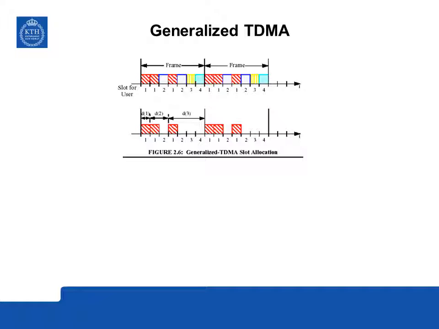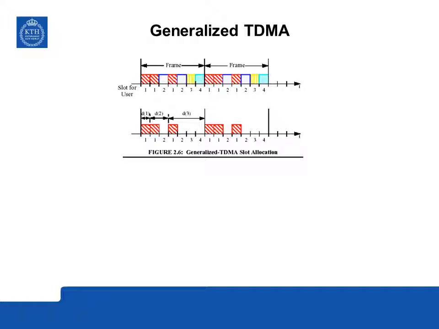And as you remember from the Pollaczek-Khinchin mean value formula, that depends on the expectation of the square of the service time. And so you can also see that the variance of the gaps between the slots will determine the delay. And we know that we should have as low variance as possible, which means that the slots should be as evenly distributed as possible, so that the gaps between the slots are as equal as possible.